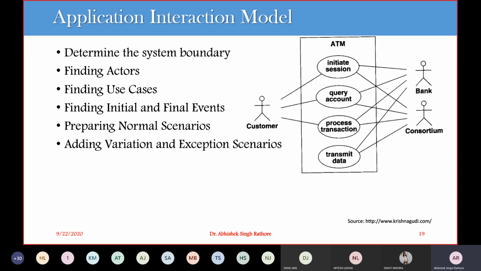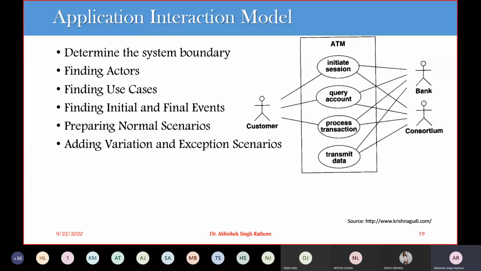The initial event is that the customer inserts his cash card, or the ATM card. Then there are two final events: either the system keeps the ATM card or the system returns the ATM card.